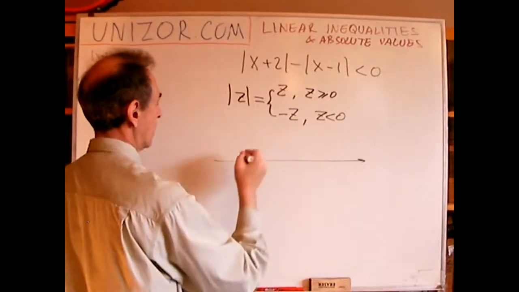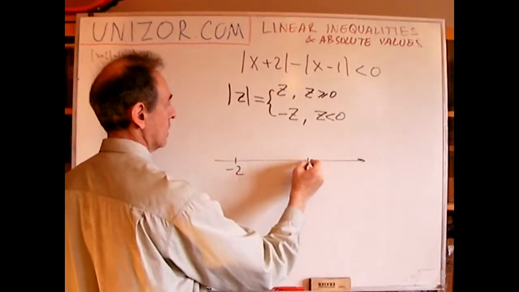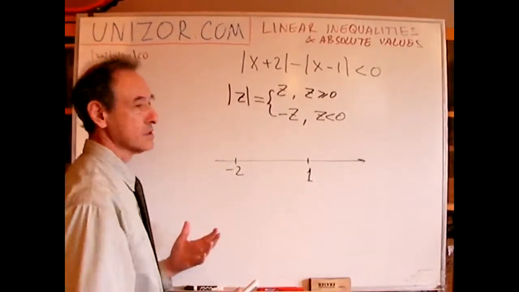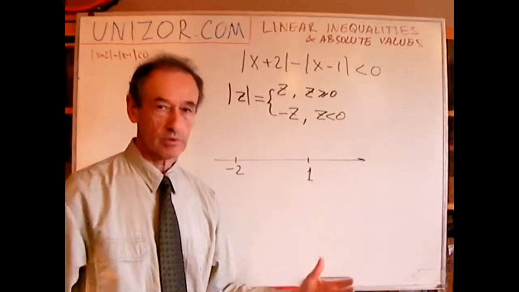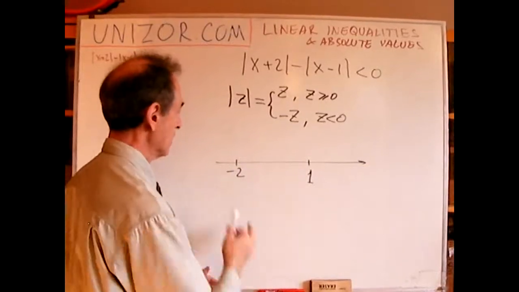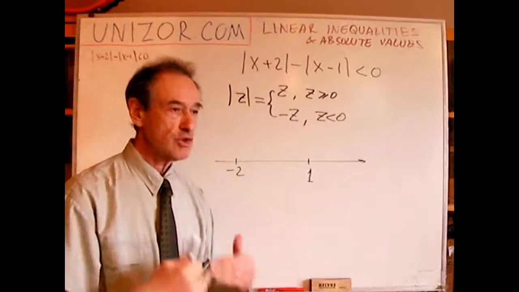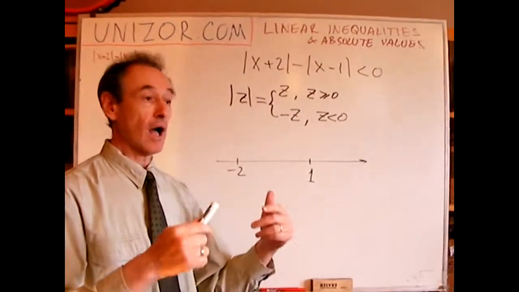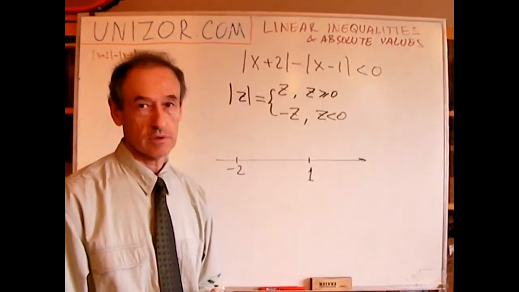Obviously this one, x plus 2, is equal to 0 at minus 2, and this one, x minus 1, is equal to 0 at 1. Now, these 2 points divide my x-axis, which means all the real numbers, into 3 intervals. So this is one interval, this is another, and this is the third. On each of these intervals, I can convert the inequality into a linear inequality and solve it.